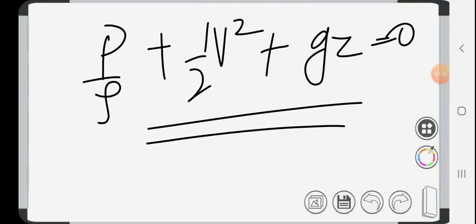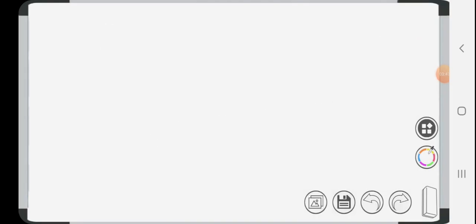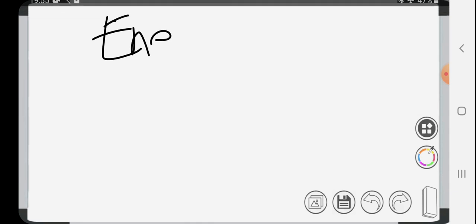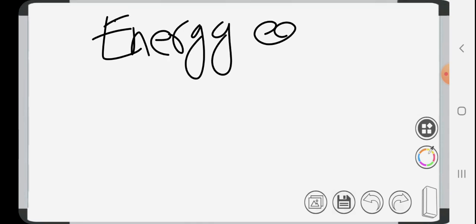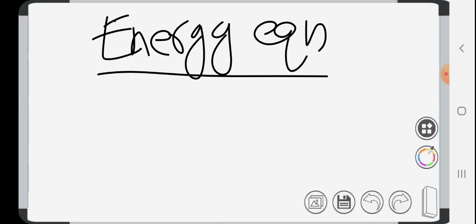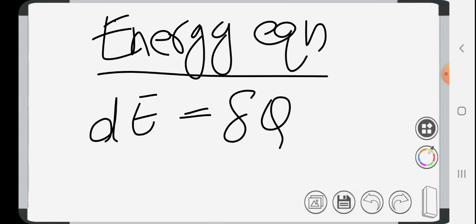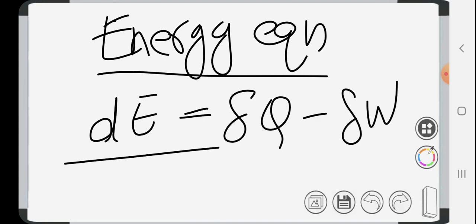Now we will move to the energy equation. Conservation of energy. Energy equation. In case of energy, first law you know, no? The dE will be equal to the heat transfer minus work transfer.